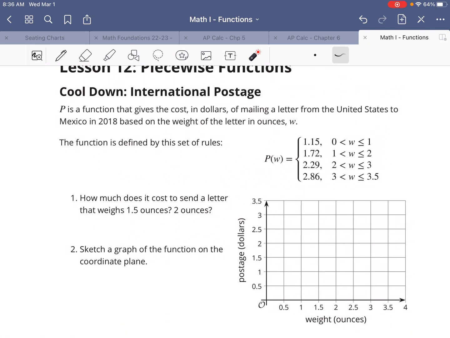So we have a very similar situation here. P of w is the function that gives the cost in dollars of mailing a letter from the United States to Mexico in 2018 based on the weight of the letter. For a letter that weighs between 0 and 1 ounce, up to and including 1 ounce, it's going to cost $1.15.